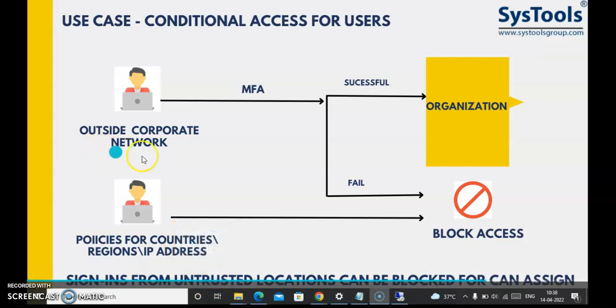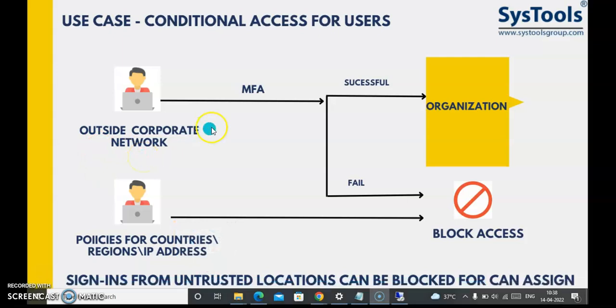If the user is outside the corporate network, then he will need to go through multi-factor authentication, and if he passes the condition, then he can successfully access the data. But if the IT admin has applied a policy that some particular country's region or IP address cannot access the data, in that case the access can be blocked.